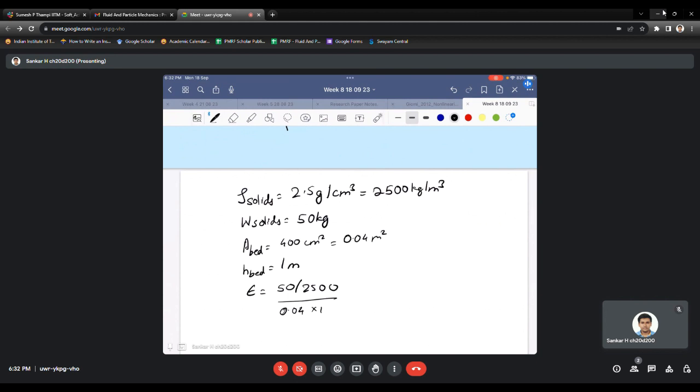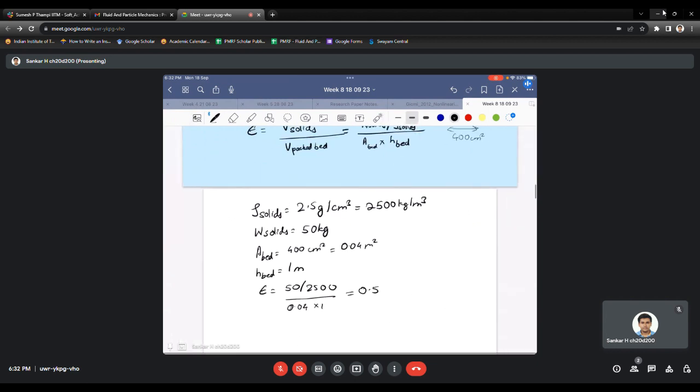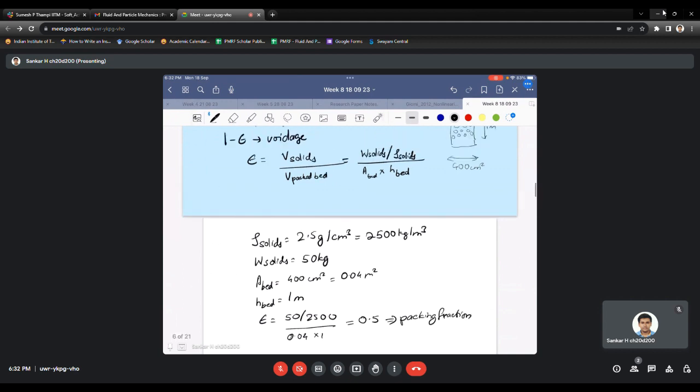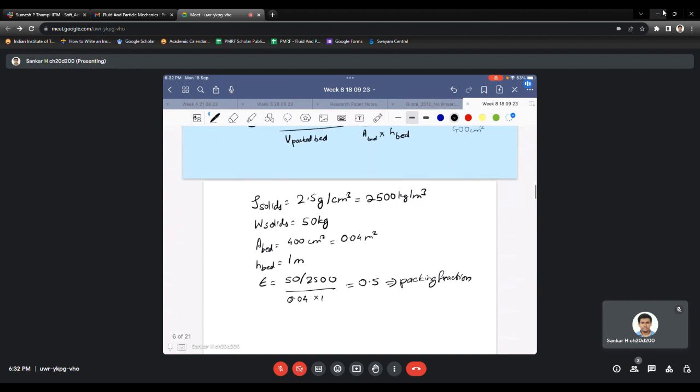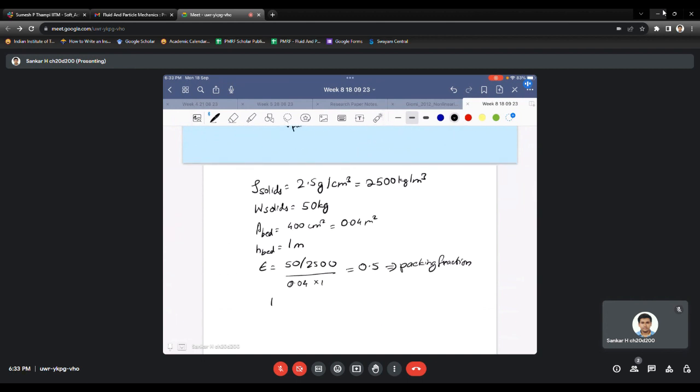And this will be equal to 0.5. Therefore, this 0.5 is the packing fraction, which is defined as the volume of solids to the volume of packed bed. What we need is voidage, which is 1 minus epsilon, which is again the same value, 0.5.